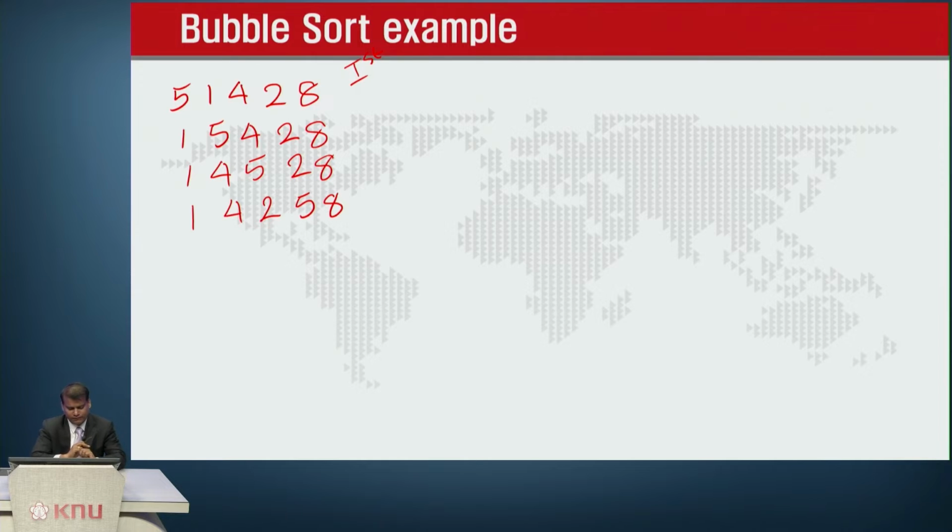This is the way it would be sorted at the first iteration. If you recall what is happening here, this is where the swapping takes place. Again the swapping takes place here, and again here. In fact, the last one does not happen, the swapping.